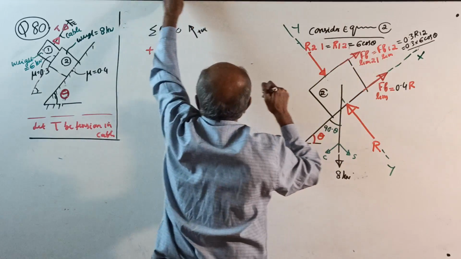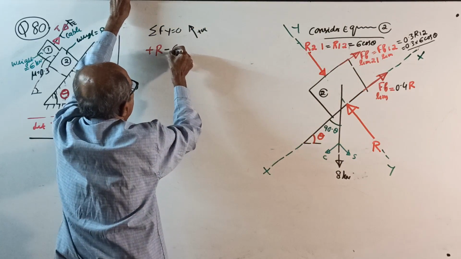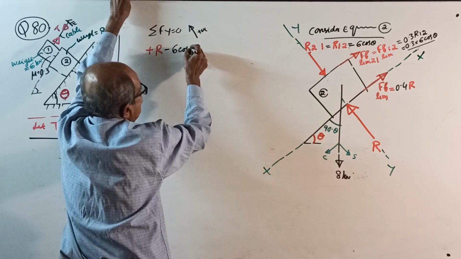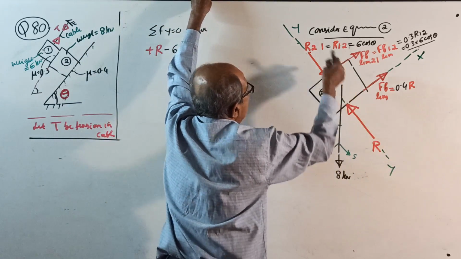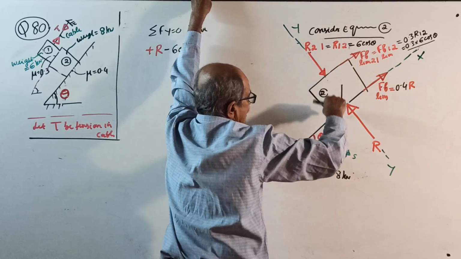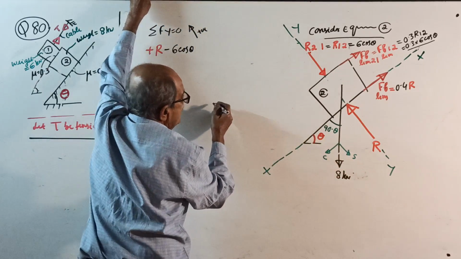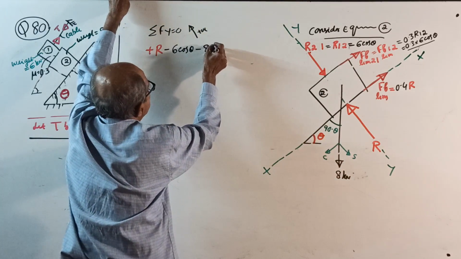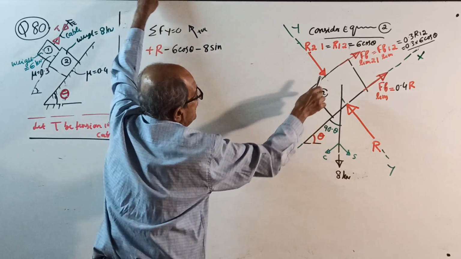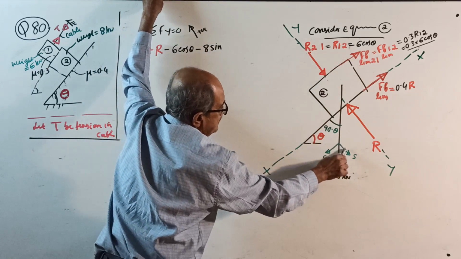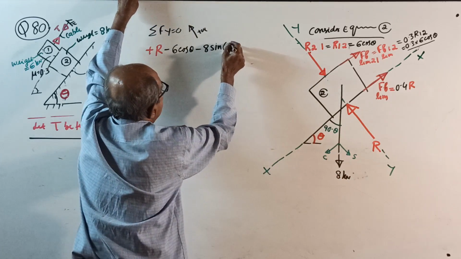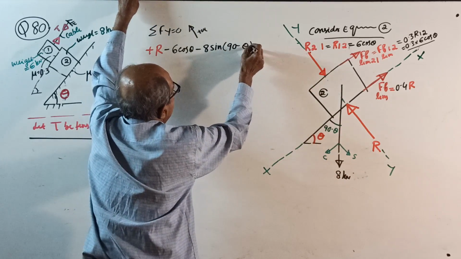Plus R, minus 6 cos theta, then minus 8 sine of 90 minus theta equal to 0.